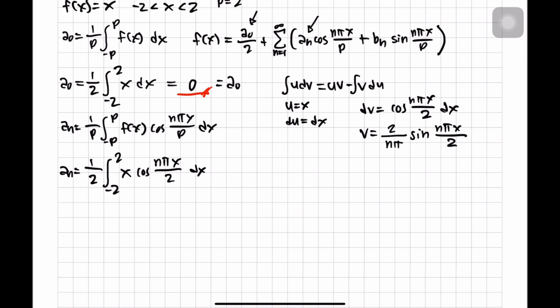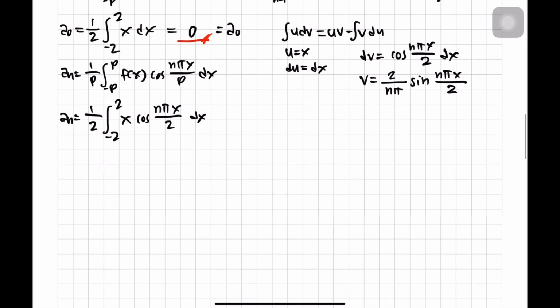So we have the integration by parts, and all we need to do is substitute it right back into the equation. So a sub n is equal to 1 over 2. Since we already integrated this part, we just need to follow the uv.